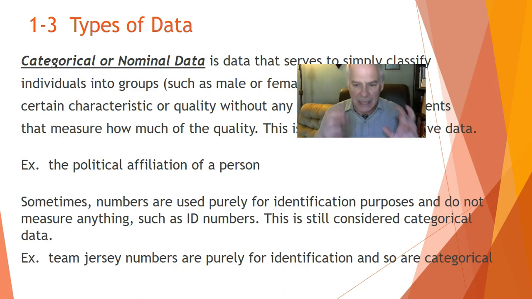It's just identification. Okay, so you could still consider that categorical data because it's just numbering the students of Mercer. Same thing with team jersey numbers. They're purely for identification, and you wouldn't do any calculations with the jersey numbers.